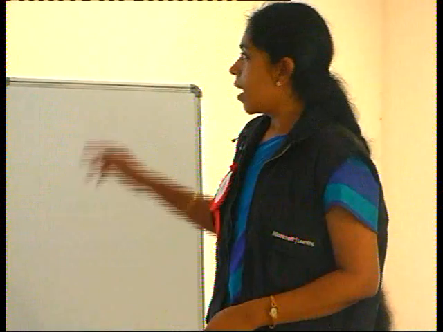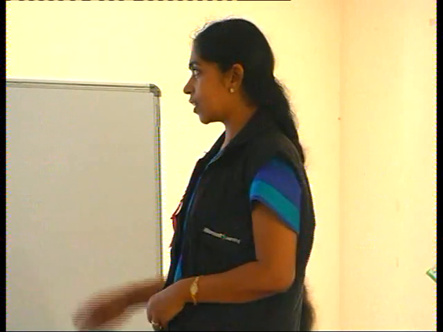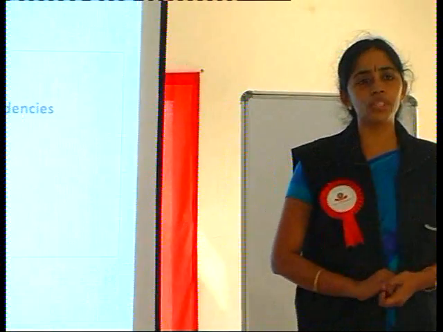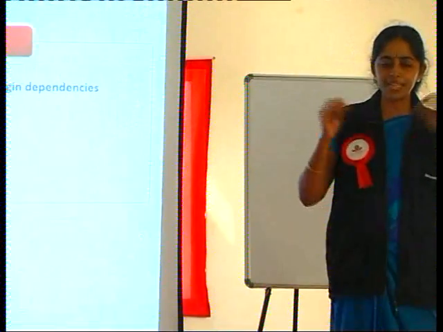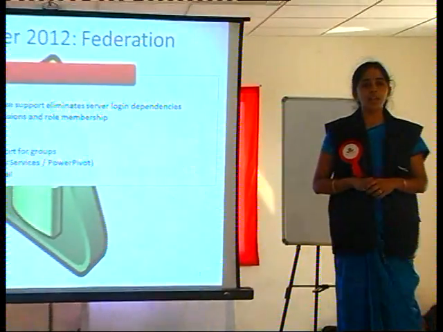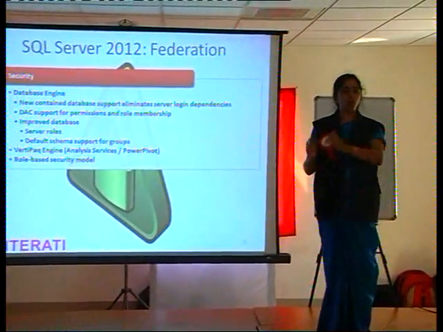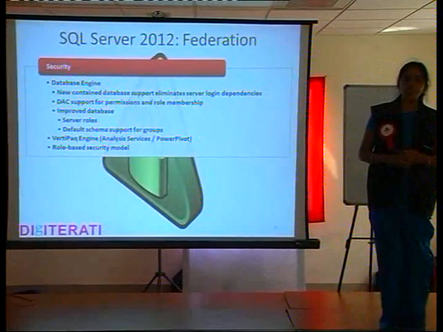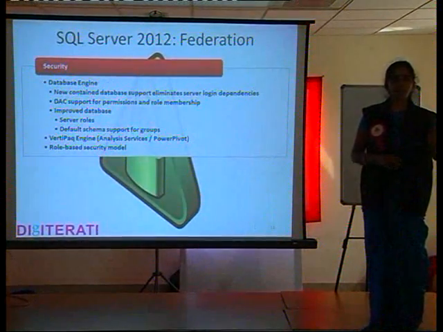And now from the security perspective, we have what is called a contained database, which is new to SQL Server. The major headache for any DBA is when we migrate data from one location to another. Until SQL Server 2000, it was an easy job, because when you move the data, your logins will also go along with that.